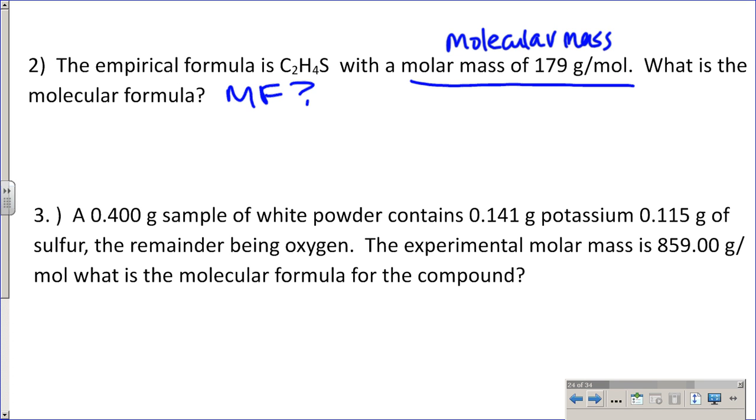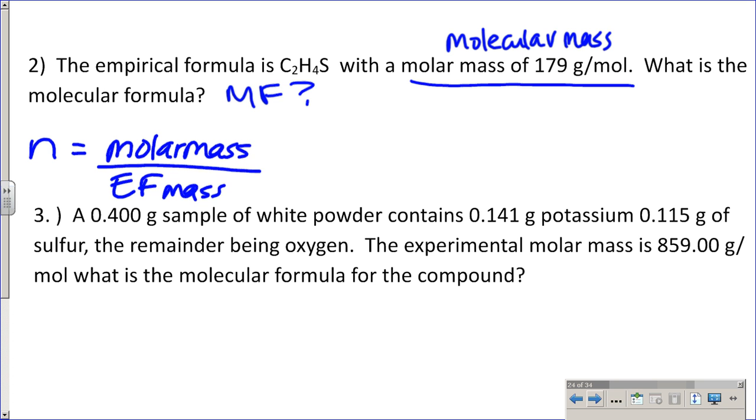Okay. So the whole process that you just wrote down was n is equal to molar mass or molecular mass over EF mass. Yeah? So what's the molar mass of this one? 179 grams per mole. What is the EF mass? Or what would you need to do to get it?